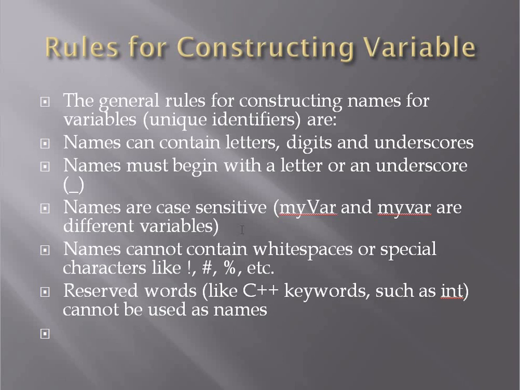In a simple way, when using a variable name, you must remember that it must start with an alphabet. A variable name may be a combination of alphanumeric characters, meaning alphabets and some digits, but it must start with an alphabet. If you start with 1, 2, 3, 4, it is not possible.